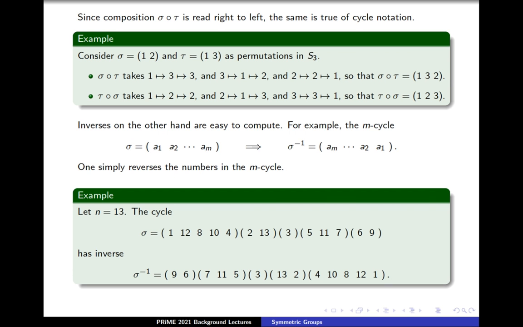Then finally we reverse the numbers in the 5 cycle and get 4, 10, 8, 12, 1. Note how the order of the cycles and the order within each cycle is reversed.